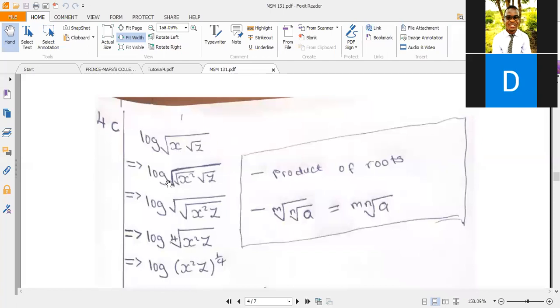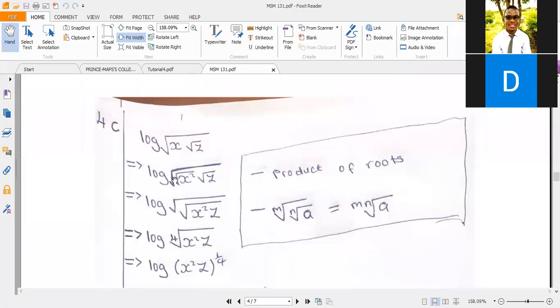But the root of x can also be written as the root of x squared, because the root of x squared is just x. So we introduce root of x squared and root of z, so that if we multiply the two, we're going to have the root of x squared z, so that we can now have product of roots and handle that.